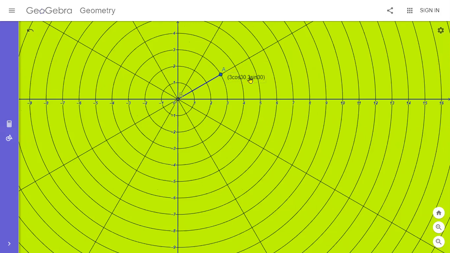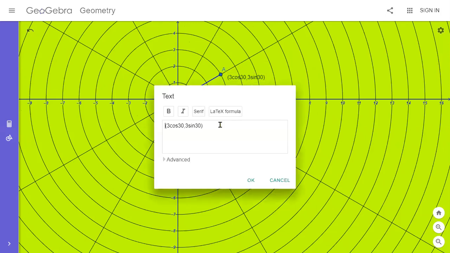And if we calculate the magnitude of this coordinate, let's find out the Cartesian coordinate. If we type 3 cosine 30 degrees on the calculator, the value is 2.59.